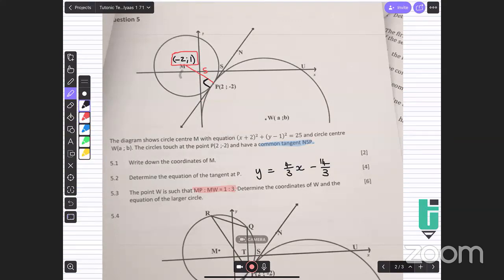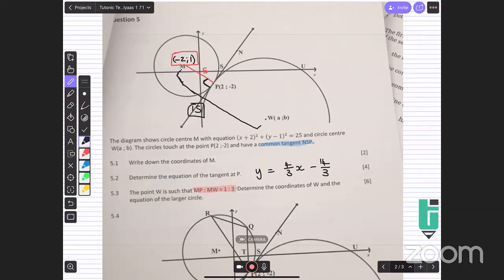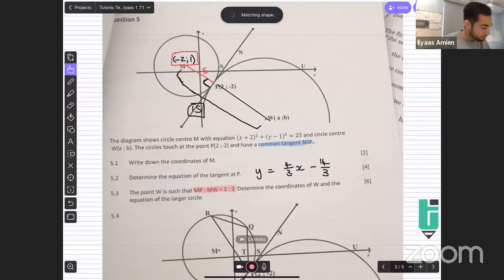And then PW is 15 minus 5. Does that make sense? So if the ratio is 1:3, then if MP is 5, then MW is 15. Amaro, do you see that? Yes. What does that make PW? 10. Good.